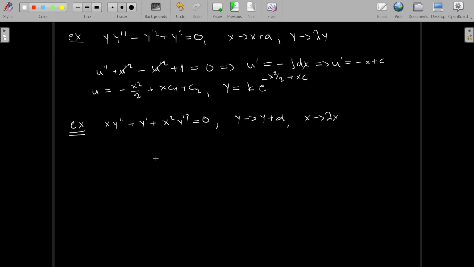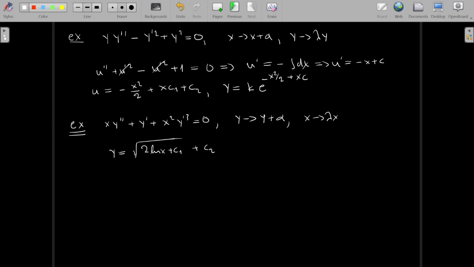Now we're not going to do this over and over again. I'm going to just give you the solution and you do it yourself. y is going to be square root of 2 ln of x plus a constant plus another constant.